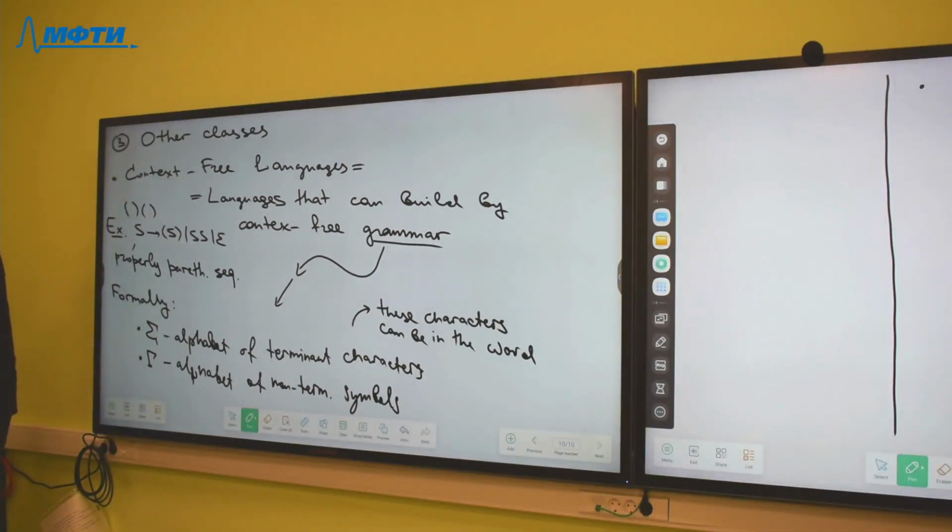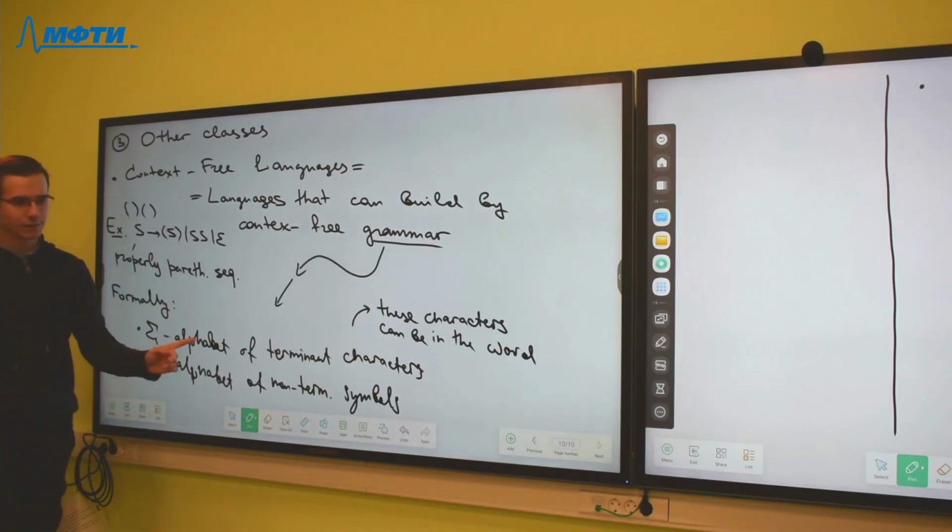But after using these laws, we can say we finish with the sequence of the characters from this set. And we can have any symbols from that is non-terminant symbols.